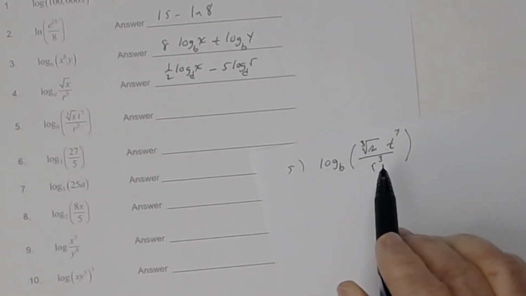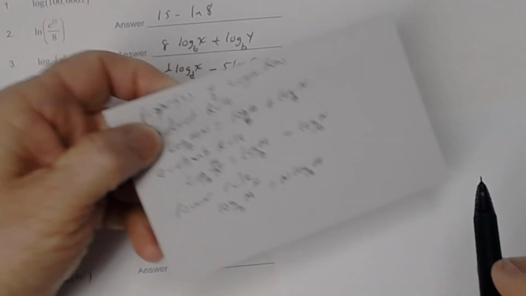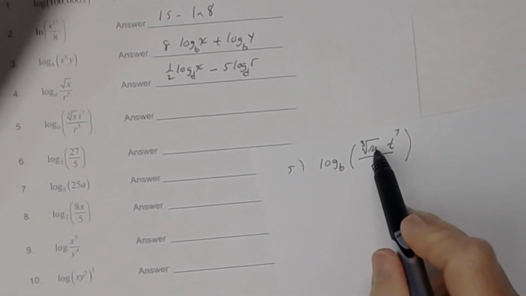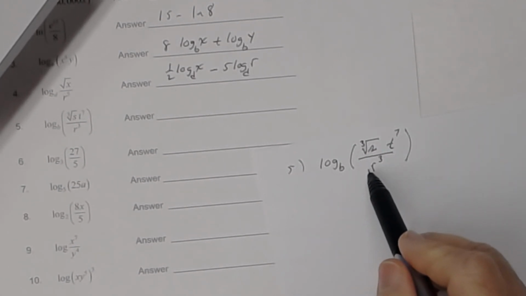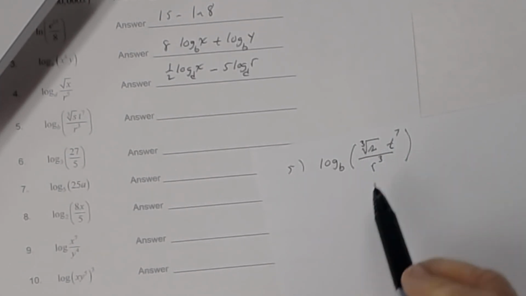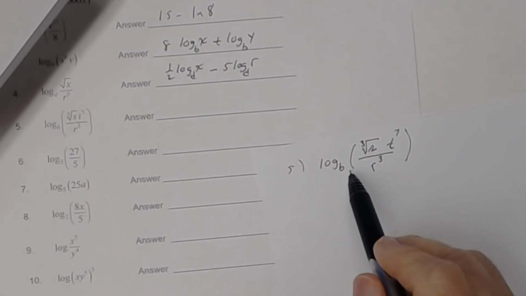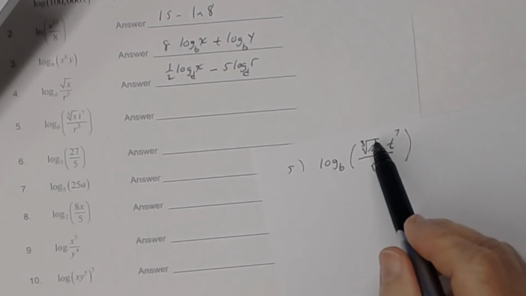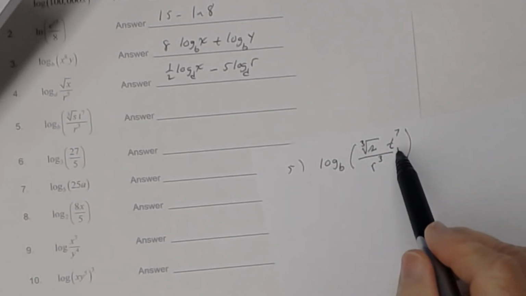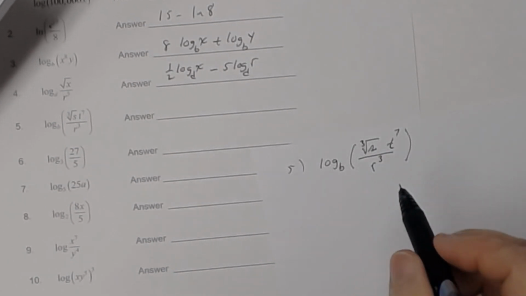So in this case, hopefully you can see that you're going to use all 3 properties. You see a product in the numerator, you see a quotient, a division, and you see some exponents, right? So the first thing you're going to do though is use the quotient rule first.